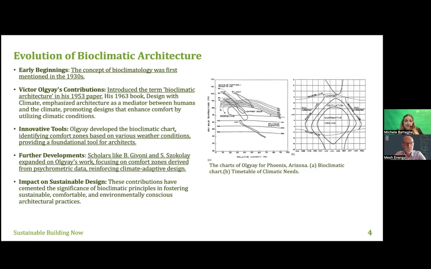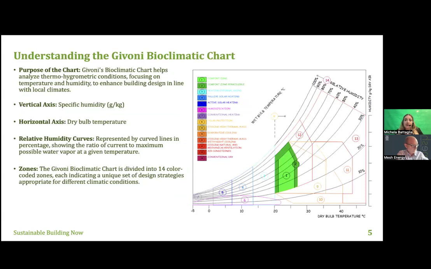Then scholars like Givoni and Szokolay expanded Olgyay's work, focusing on comfort zones derived from psychrometric data, reinforcing climate-adaptive design. On the right is the chart developed by Givoni that helps analyze thermohygrometric conditions, focusing on temperature and humidity to enhance building design in line with local climates.